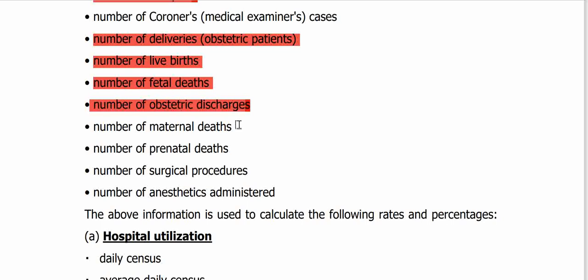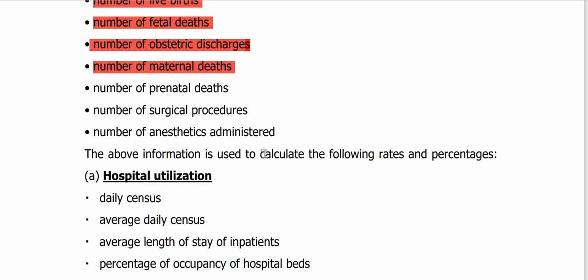I said before that obstetrics is the caring of pregnant mothers and their newborns, or maybe the caring of the mothers and their unborn babies. So we also have number of maternal deaths, those who die as a result of anything that is related to pregnancy. It could be abortion, could be miscarriage, could be deliveries, and the rest.